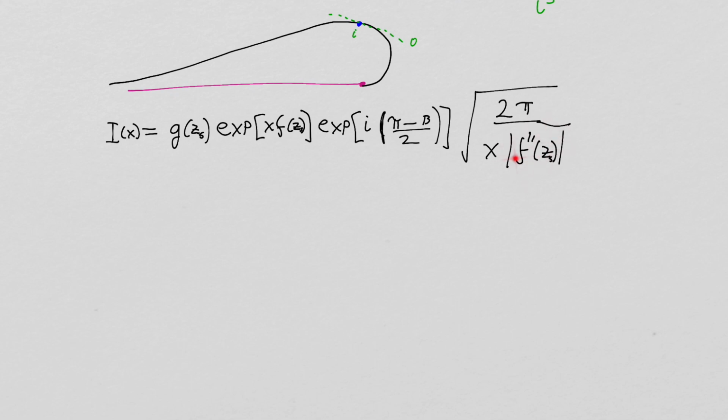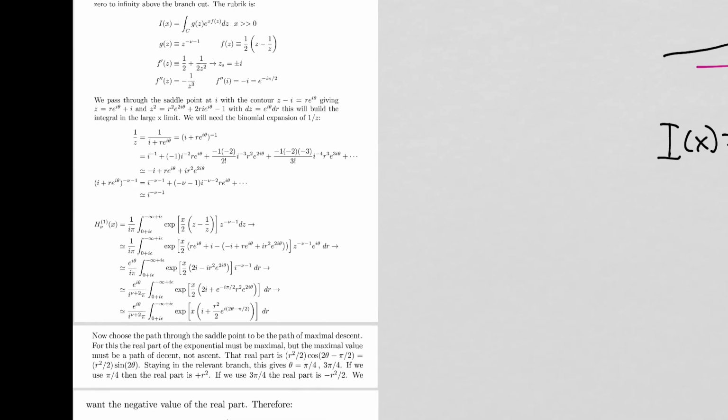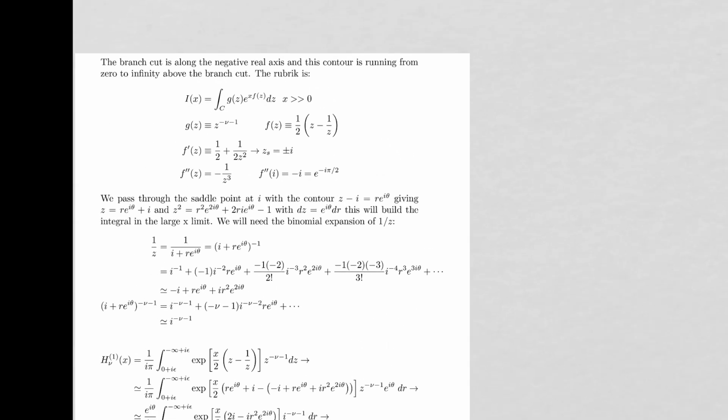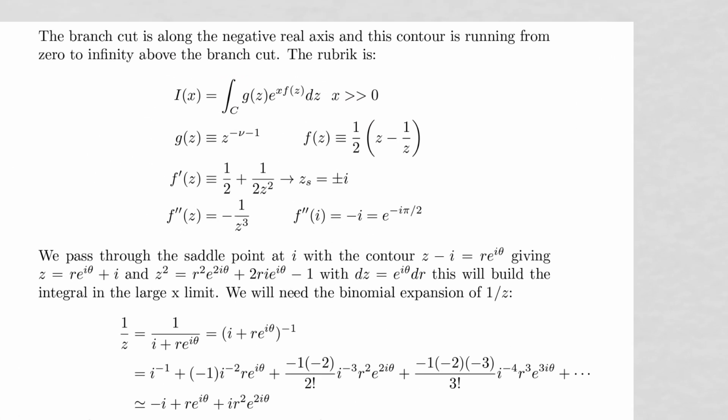Here's the second derivative at the saddle point. So one thing I noticed before I started this process is when I took our formula and established each of our correspondences, g(z) corresponded to z to the minus nu minus 1, for example, and f(z) to 1/2 (z minus 1/z).